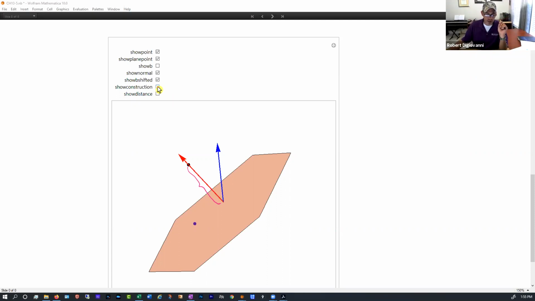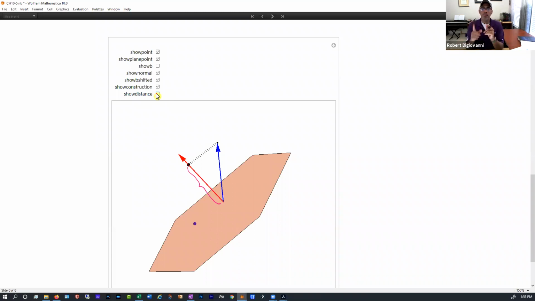When we did vector projections, if you projected the blue onto the red, you're basically dropping a perpendicular down from the tip of the blue down to the red one, but that right there is the distance we're looking for. We are actually looking for that right there.